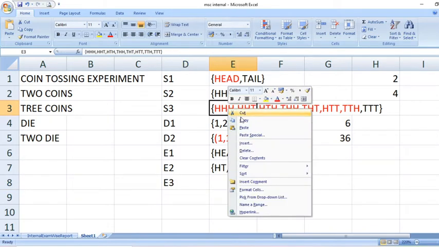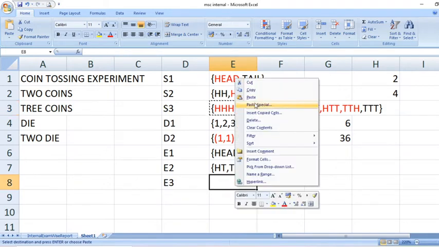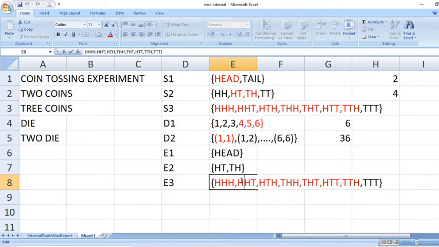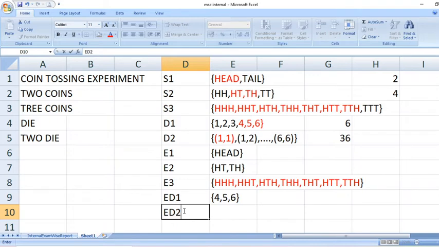There is no E4. Event of sample space D1, that is 4, 5, 6. Event of D2, 1, 1.